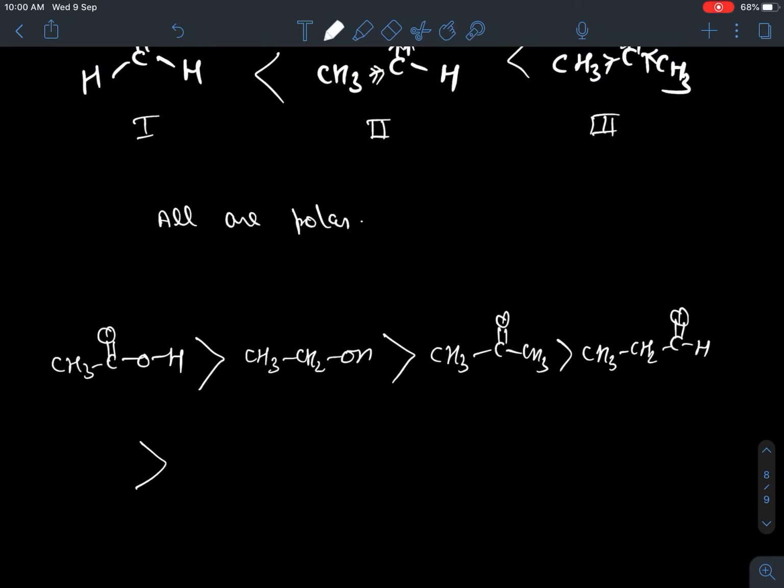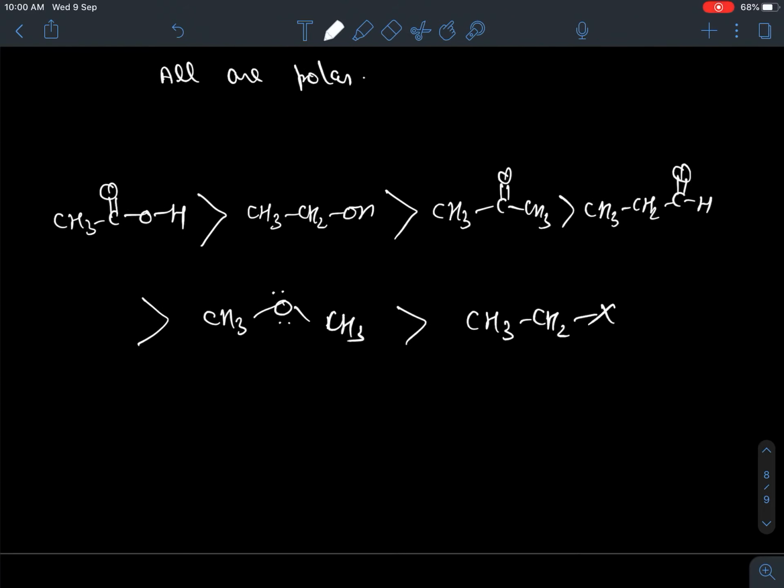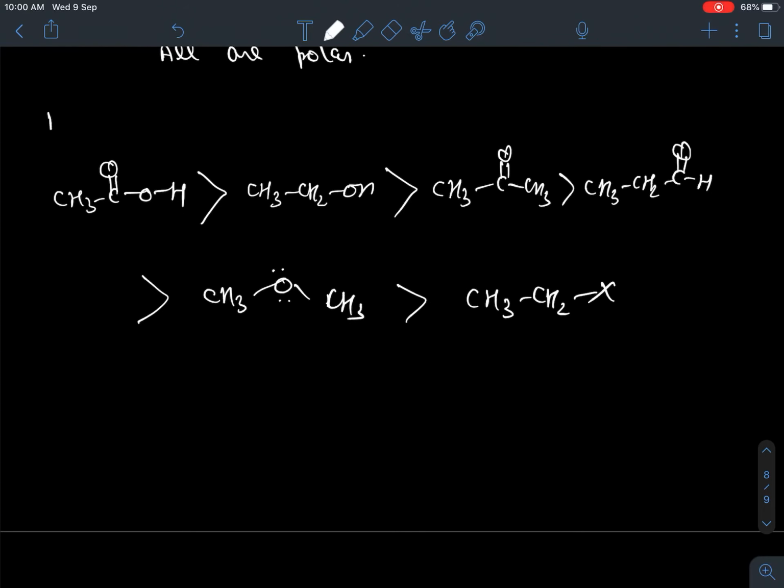And thereafter, what will be the situation? Yes, ether. The dipole moment here is not as strong as in the case of aldehyde and ketone. And thereafter, there will be alkyl halide. So this will be the order of relative boiling points.